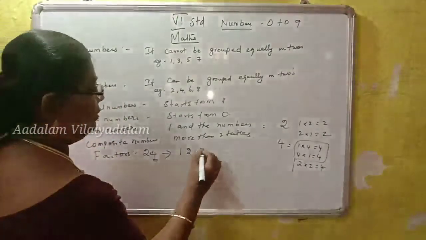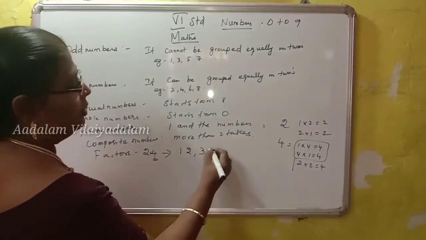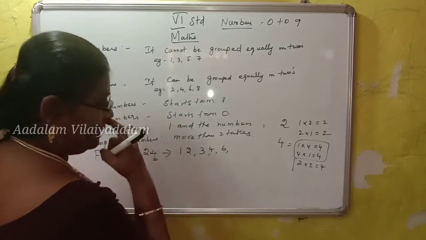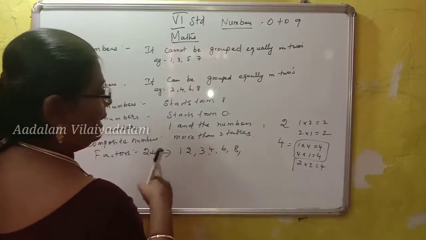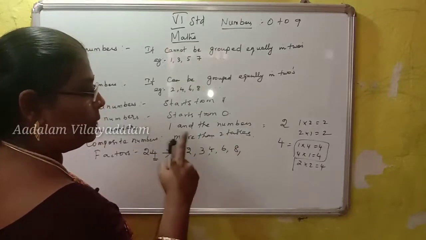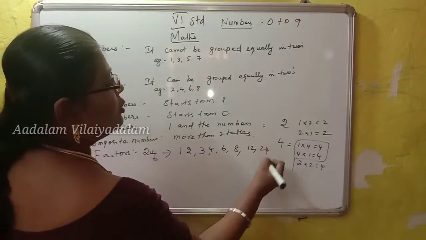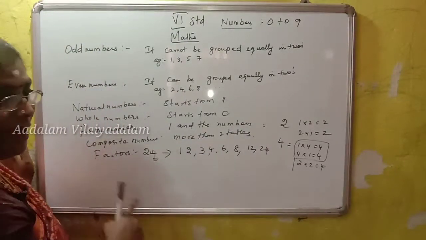So in the 3 table 24 comes, and in the 4 table 24 comes, in the 5 table it doesn't, in the 6 table it comes, in the 7 table it doesn't, 8 3s are 24, in the 9 table it doesn't, in the 10 table it doesn't, in the 12 table it comes. Okay, and then the 24 table. So whichever tables it comes in, that we can find, that is a factor.